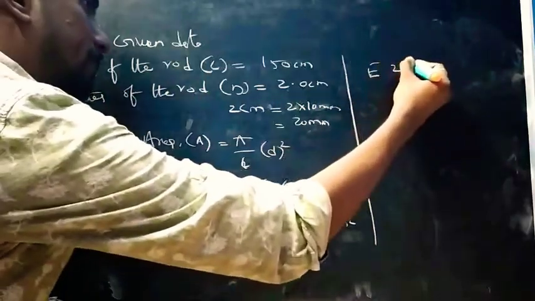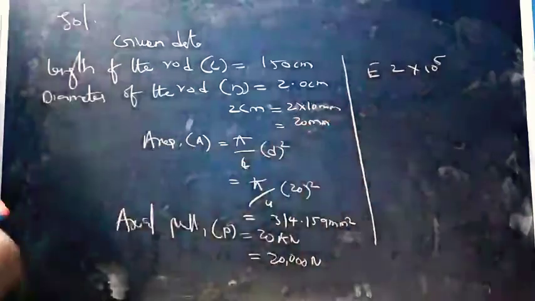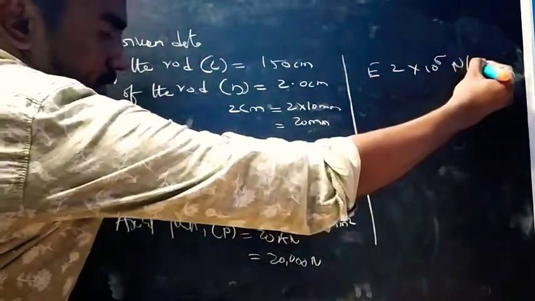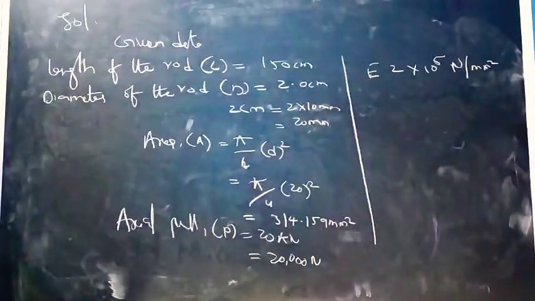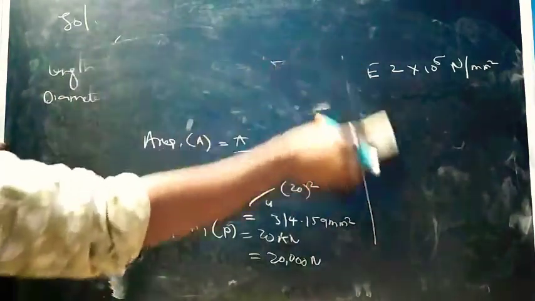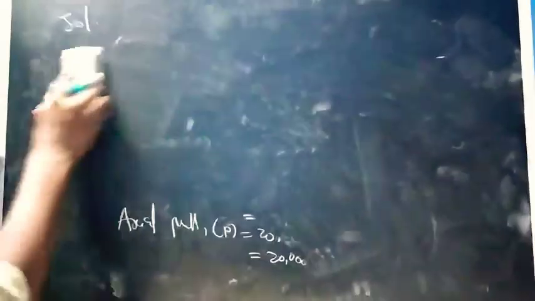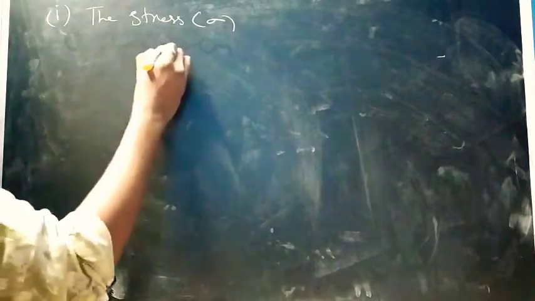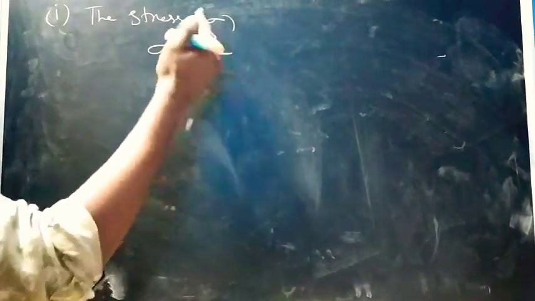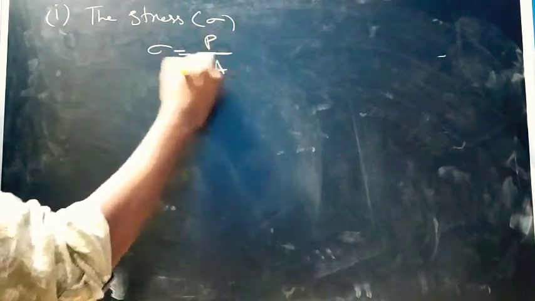That is 2 into 10 to the power of 5 Newton per mm square. So first thing, we have to find out the stress. The stress is denoted by sigma, that is force upon area. Sigma equals force P, that is load, upon area.